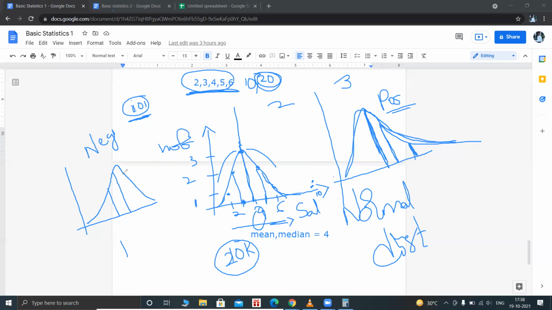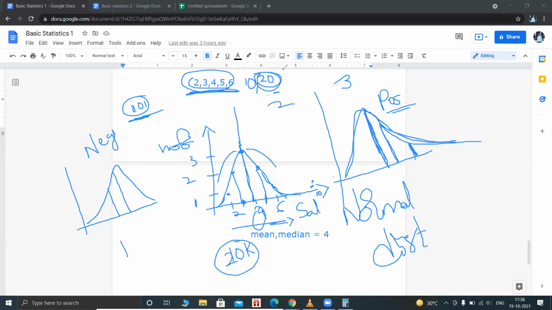So when you have an extremely low value compared to the actual data points, the mean will be shifted towards the left. When you have an extremely high value, I mean a high outlier, right? An outlier can be a low value and an outlier can also be a high value. These are the actual data points.